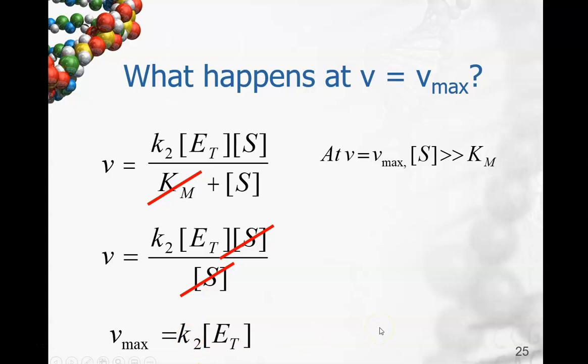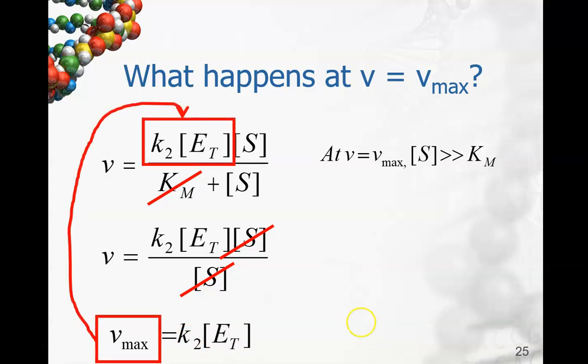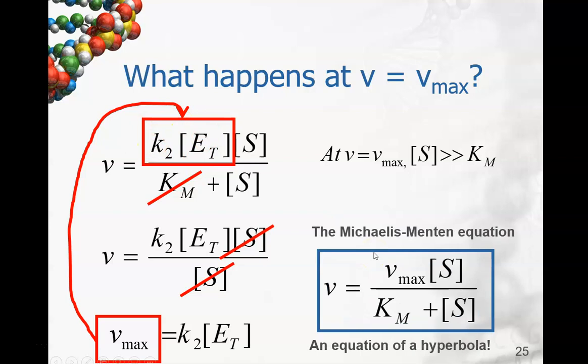So what I can do then is take this K2 times ET and substitute the term Vmax in there. So now I have the Michaelis-Menten equation, and it's V equals Vmax times S over Km plus S. Well, you might notice that that's an equation of a hyperbola.